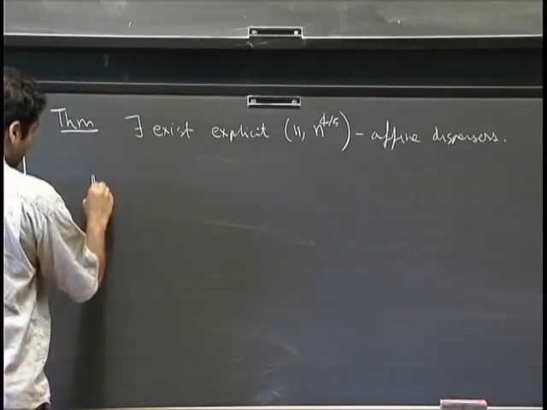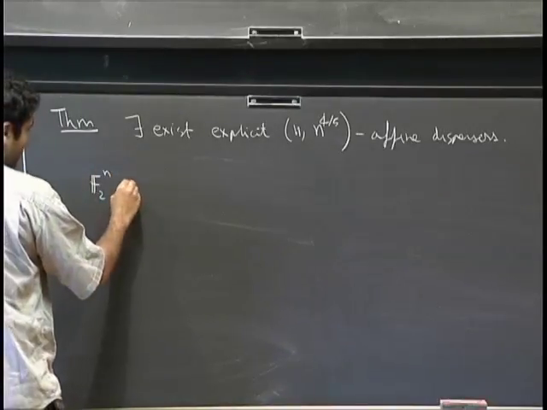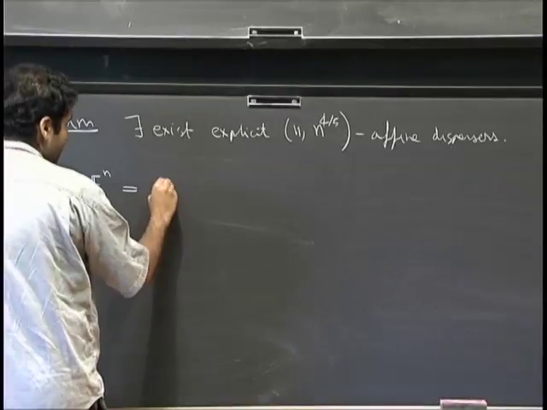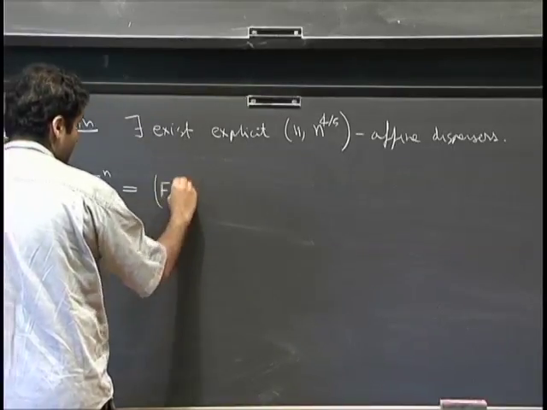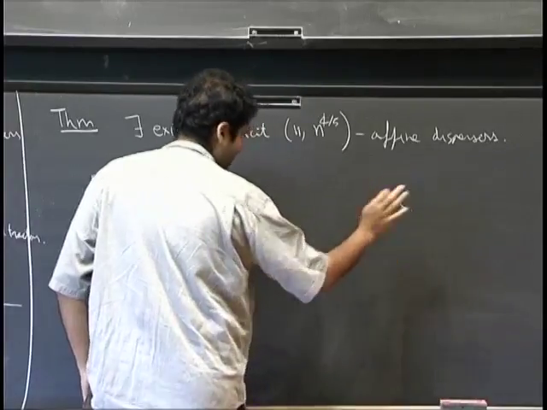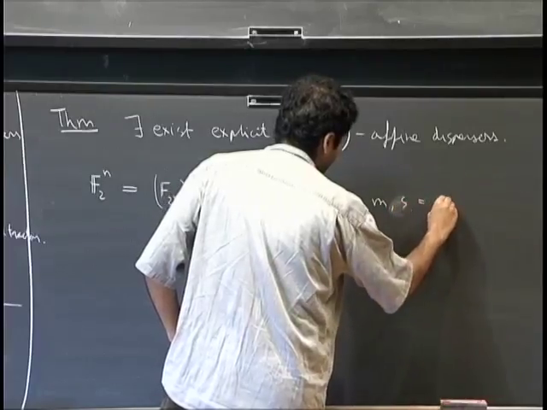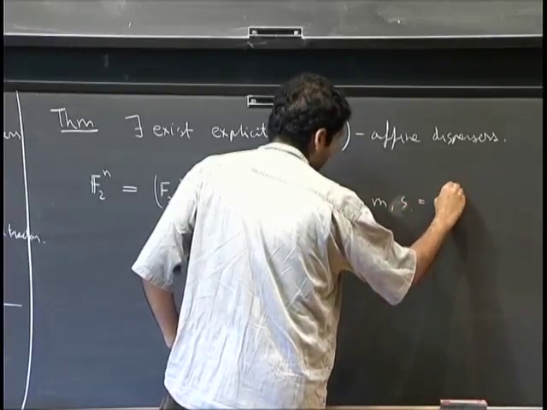Okay, good. So I have F2 to the n, and I'm going to view it as (F2 to the m) to the s for some choice of m and s. Just for reference, m and s are both of the form n to the constant.